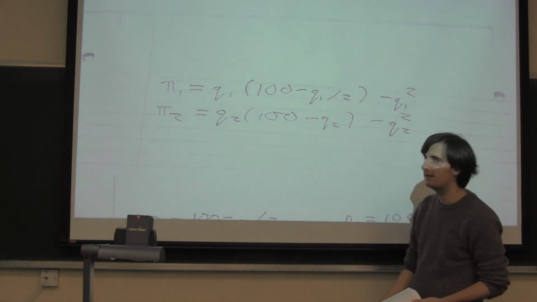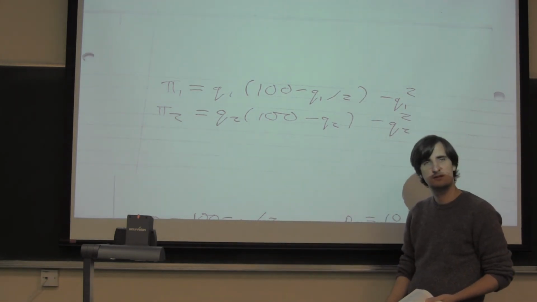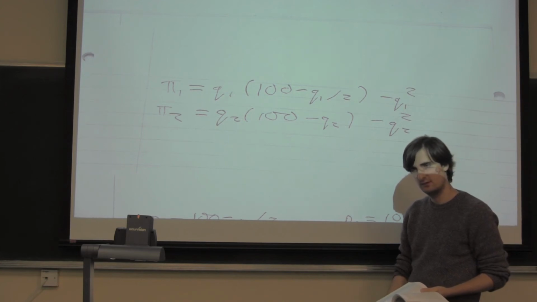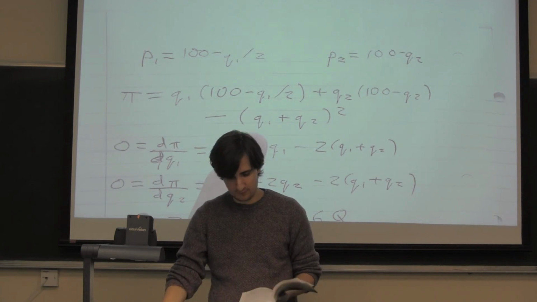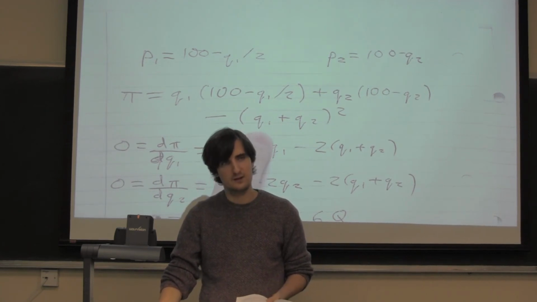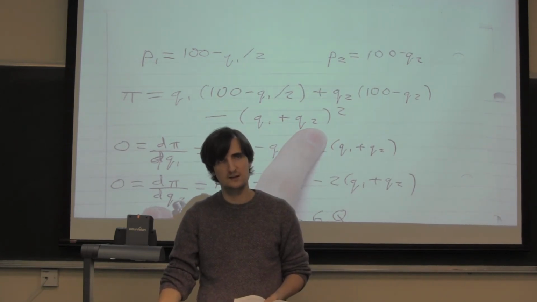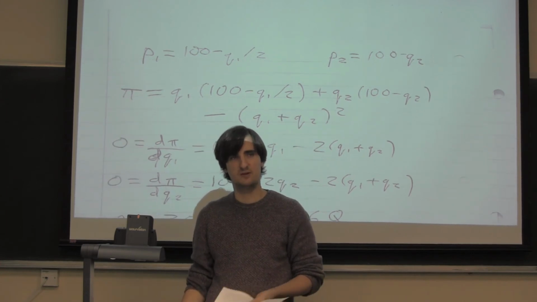You've got rid of the quantity produced by the other firm in the cost section. Yeah, so the difference is that we've gone from having (Q1 plus Q2) squared to having Q1 squared plus Q2 squared.